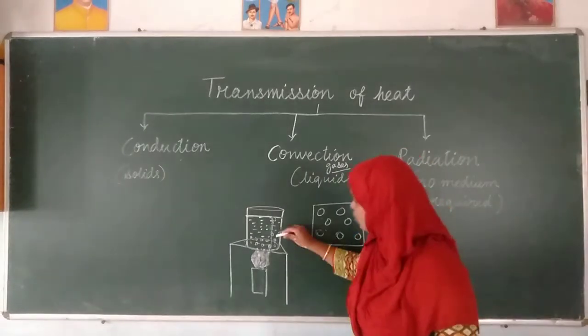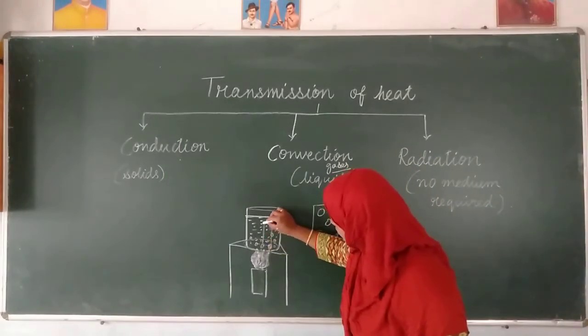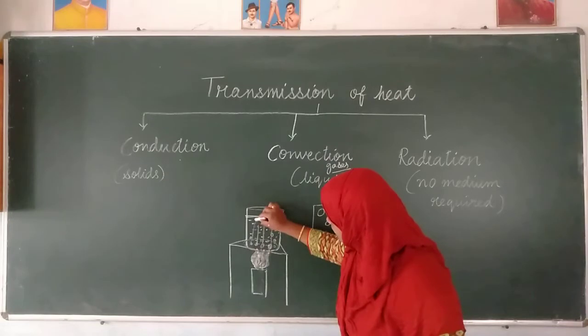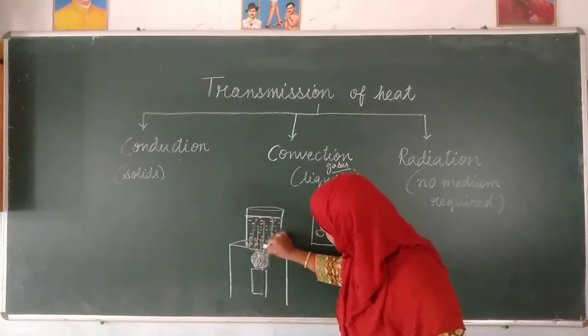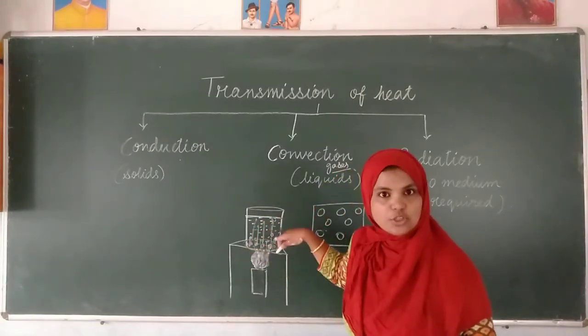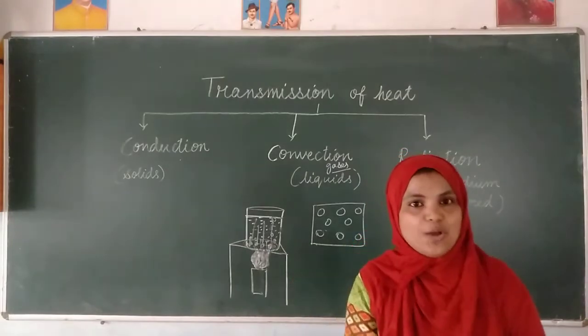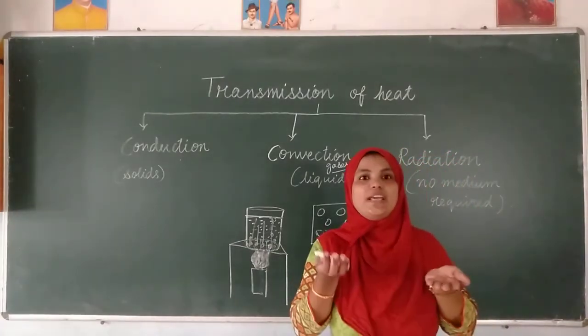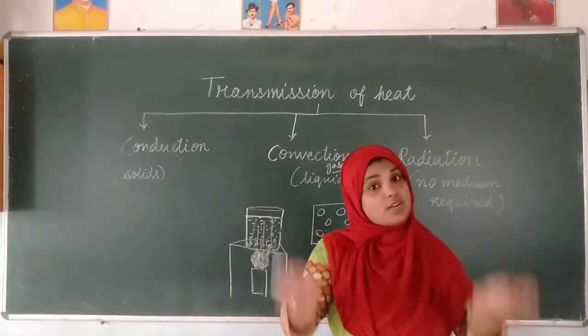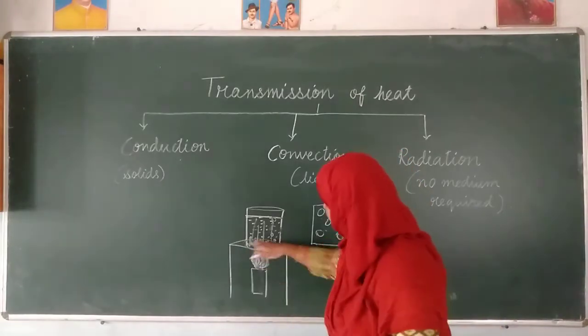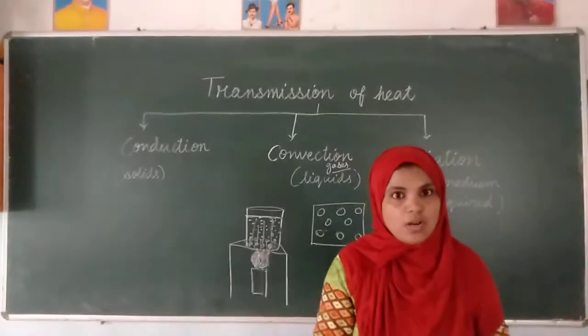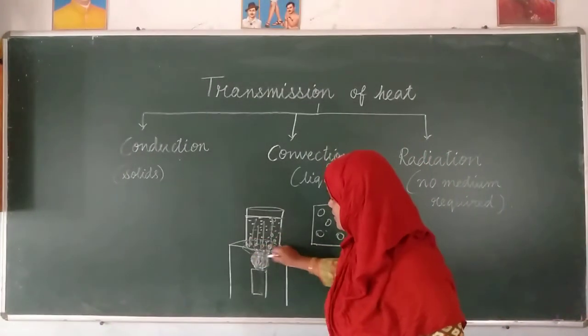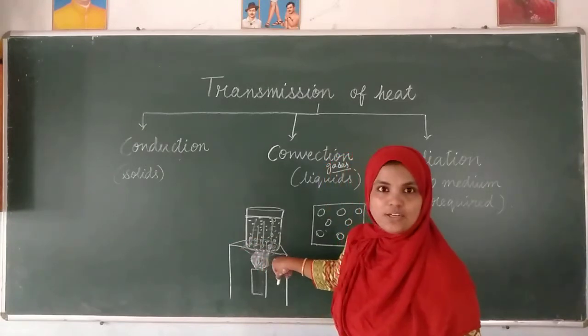So what happens now? When these molecules move up, their place is occupied by the other molecules which were just on top. So the other molecules come down now. This area has direct contact with the fire.